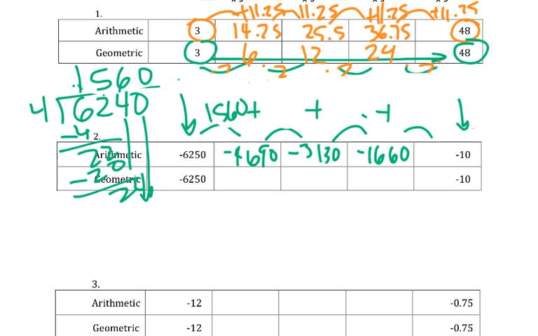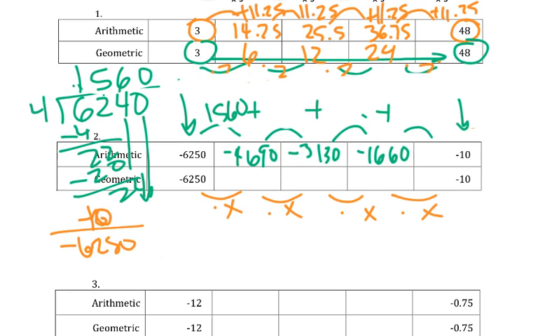Now, if we are doing the multiplication for the geometric, what number would we multiply by each time? To do this one, we would go negative 10 divided by negative 6,250. That would give us, as a decimal, 0.0016, which was kind of like that 16 up here, which we split into 2 times 2 times 2 times 2.